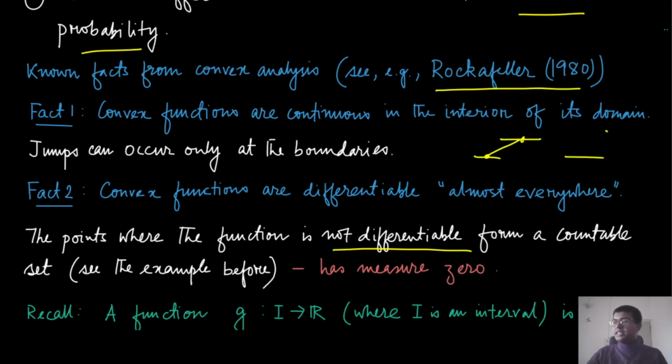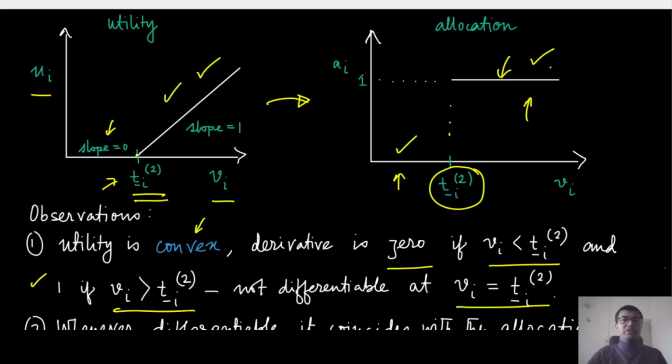In some cases it is called a measure zero set. So the set of points where the convex function is not differentiable form a set of measure zero. So in the previous example, you can see that it has a non-differentiability here. There can be a few other such points, but they will be finite, or at most a countable number. There cannot be an interval, for instance, where this function is not differentiable.